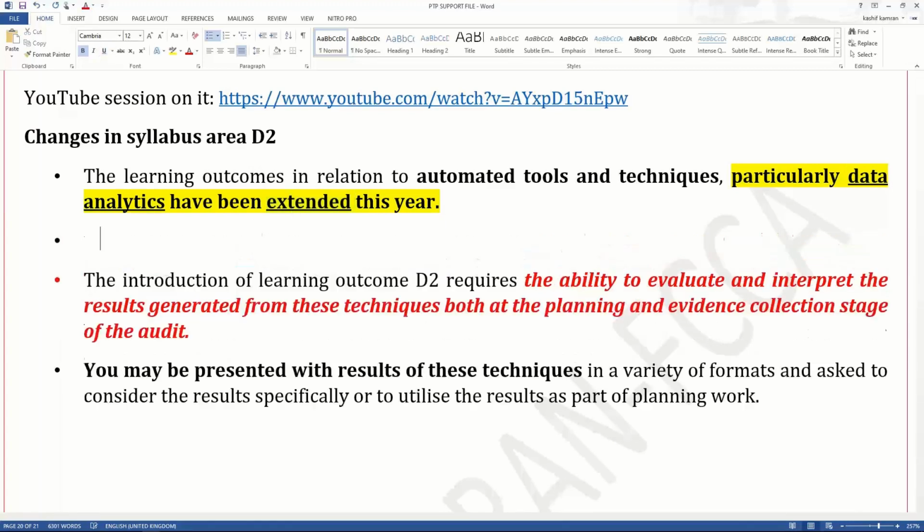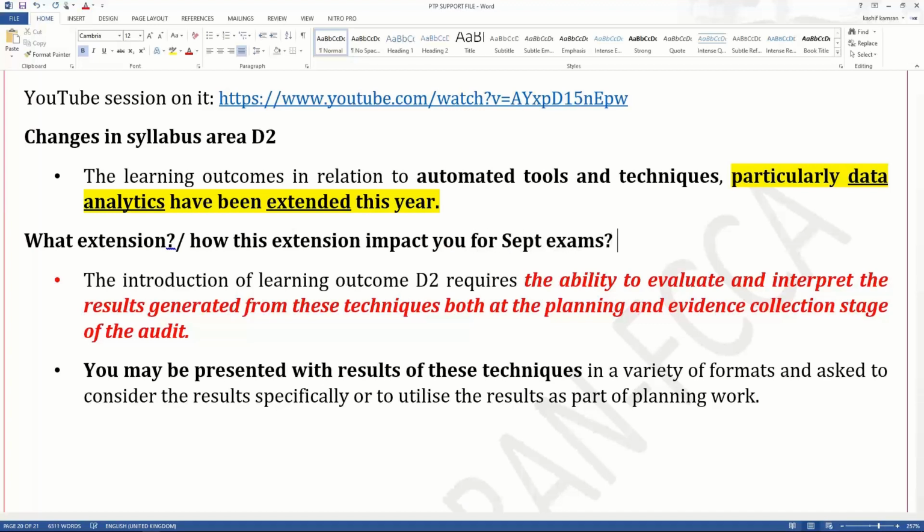Now you might ask me: what extension, and how does this extension impact you for the September exams?